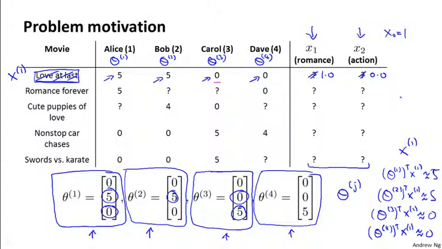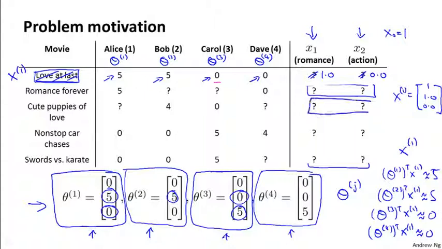And from this it looks like x1 equals 1, that's the intercept term, and then 1.0, 0.0. That makes sense given what we know of Alice, Bob, Carol, and Dave's preferences for movies and the way they rated this movie. And so more generally, we can go down this list and try to figure out what might be reasonable features for these other movies as well.